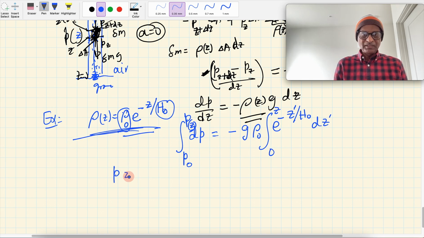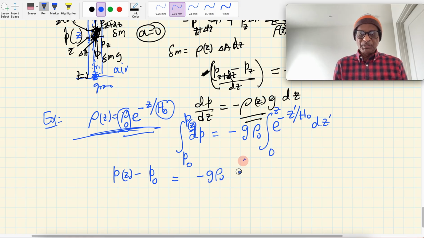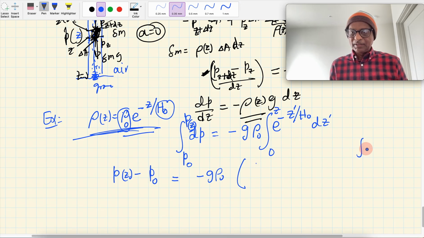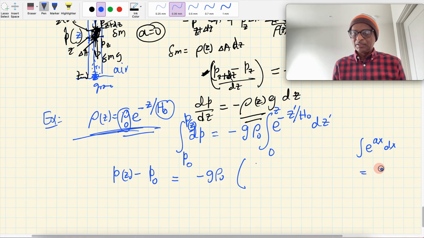So p at height minus p at ground level will be equal to minus g rho 0, and if you have e to the power ax dx, it should be e to the power ax over a, right?